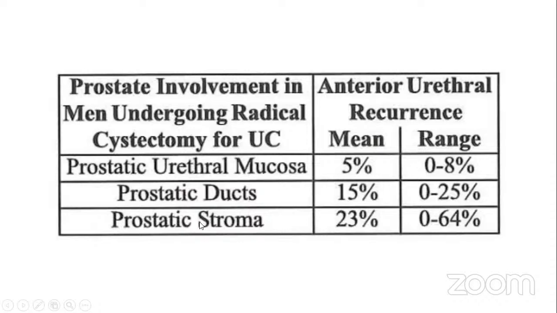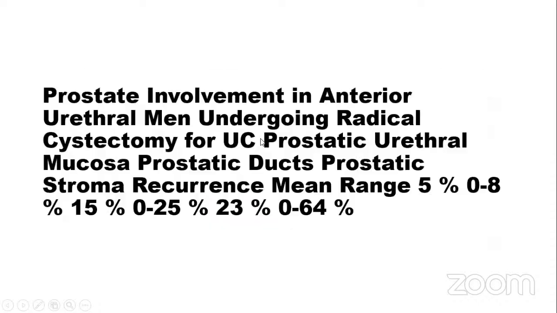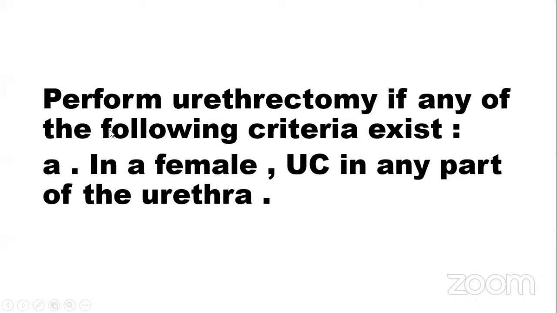If the cancer is in the prostatic stroma, the range is between 0 and 64%, and 23% as average for anterior urethral recurrence. As we saw previously, all the percentages come like this.